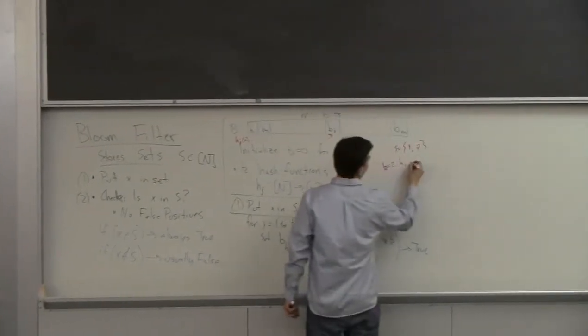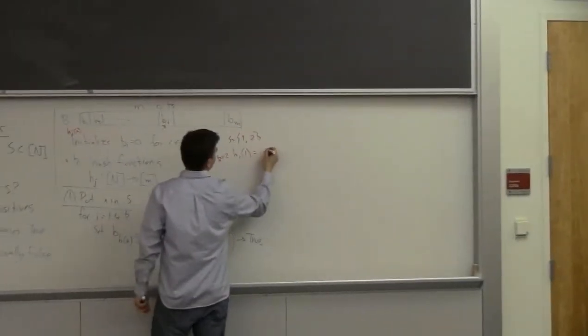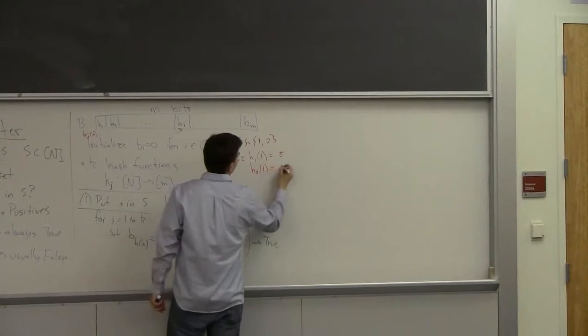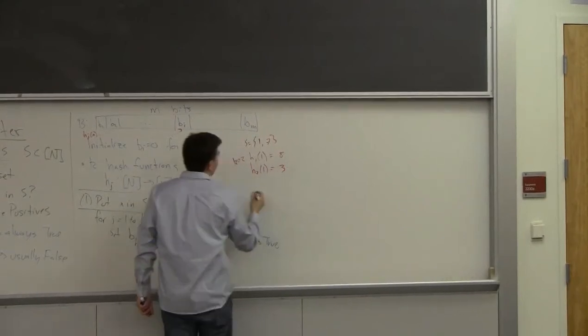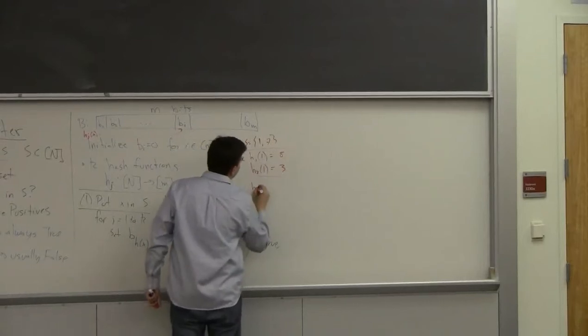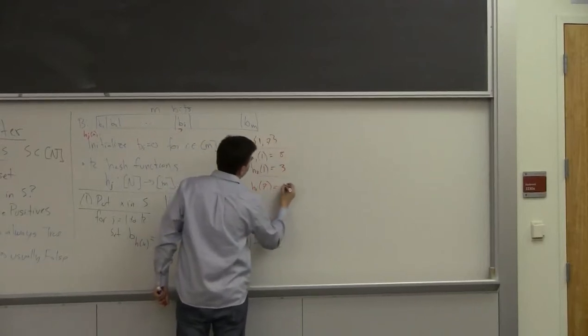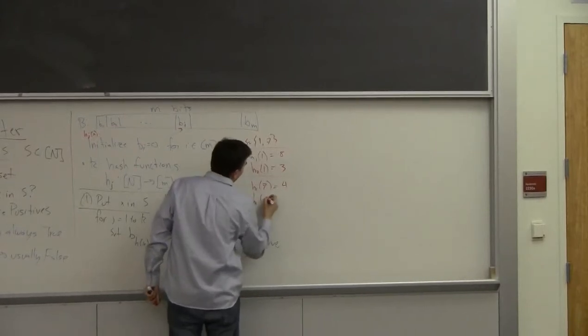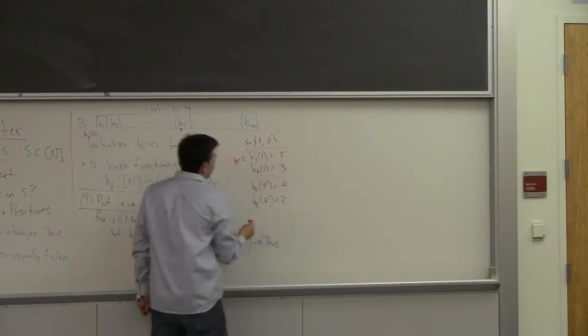So then hash 1 of 1, let's say, is equal to 8. Hash 2 of 1 is equal to 3. And then hash 1 of 7 is equal to 4. And hash 2 of 7 is equal to 2.